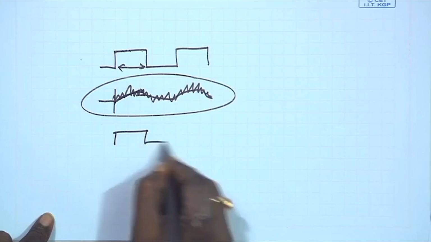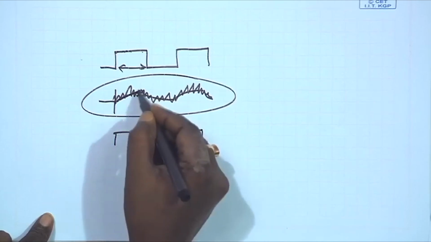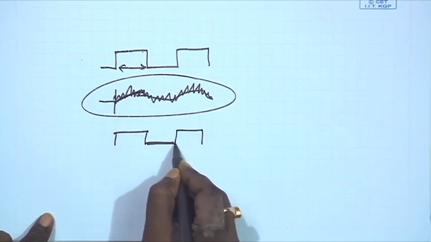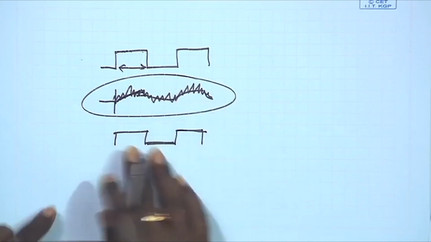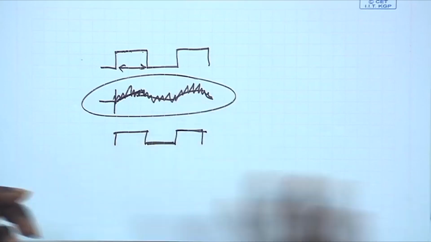So, in between you put a regenerator which tells you that okay, this was 1, this was 0, and reshapes the pulse. It reconstructs the pulses, because it knows once it is 0 it should look like this, once it is 1 it should look like this, and retransmits it. So, it makes the pulse very nice again and transmits it, so that you can combat the noise, attenuation and all other effects of the channel.